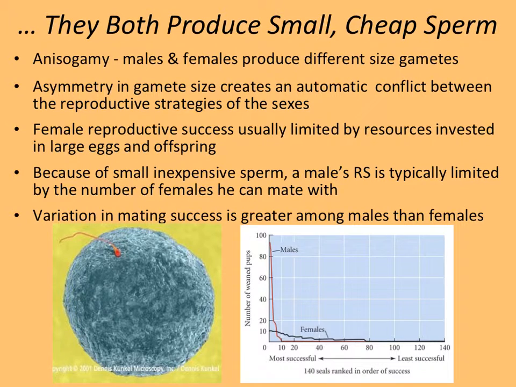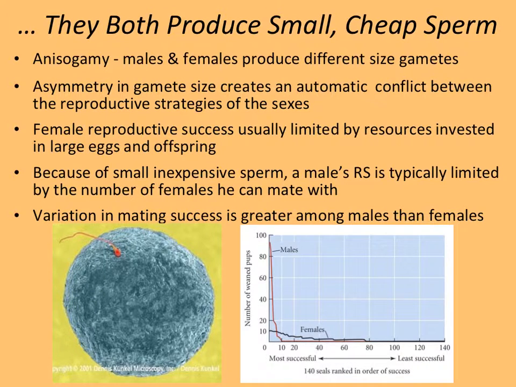They both produce small, cheap sperm. There is something called anisogamy, which is different sized gametes. Males generally produce lots of small, cheap gametes, and females produce fewer, larger gametes, the eggs, that have more resources in them.